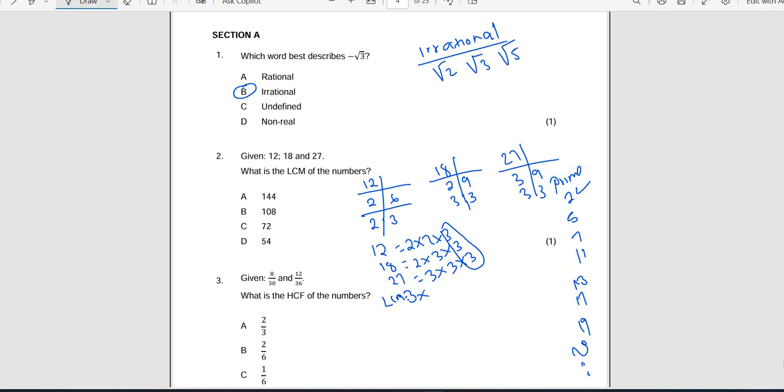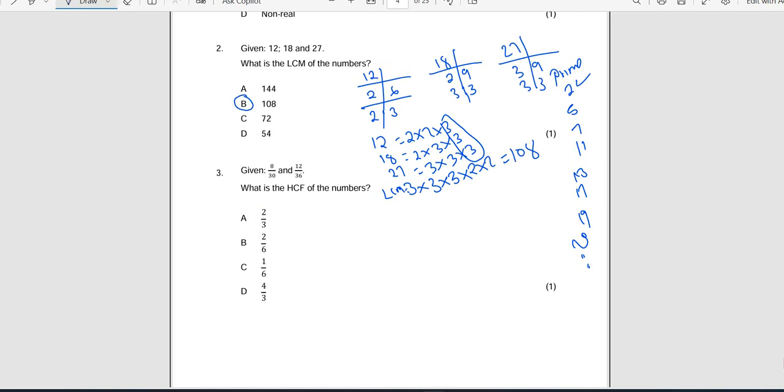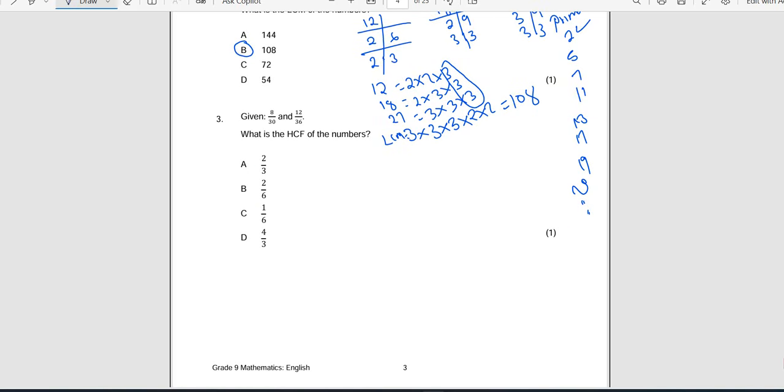We have 3, and then that's 3, and we're gonna have another 3, and another 3, and then we'll have 2, and we'll have 2, and then the answer is gonna be 108. So the correct answer is 108.